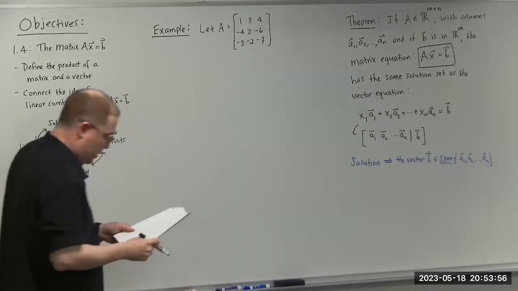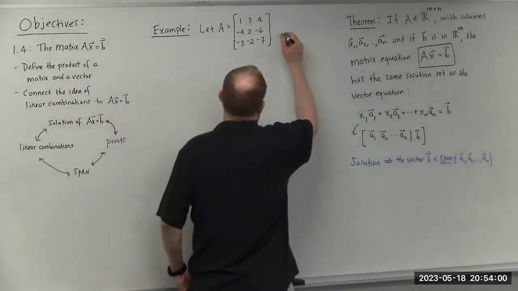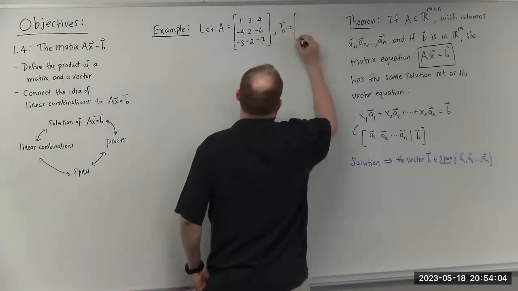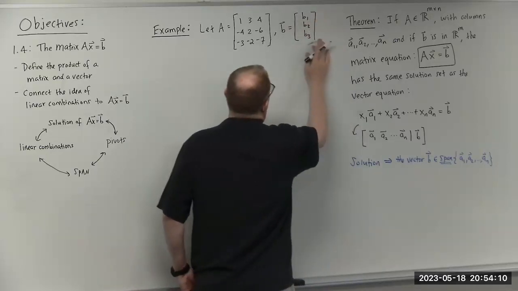And let's define our vector B. We're going to say it consists of B1, B2, and B3.